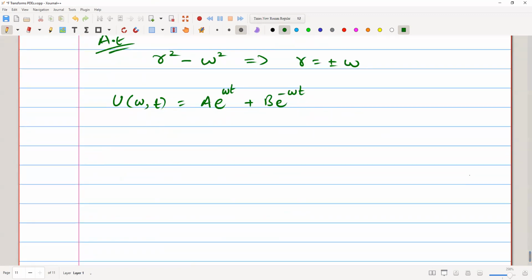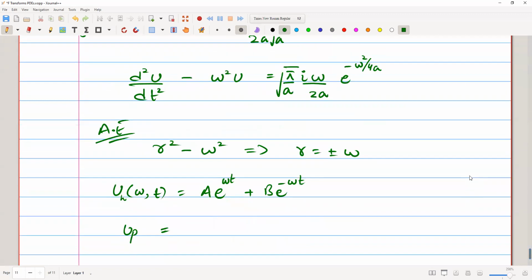And then we have this is the homogeneous part, so we can write that, and for the particular solution, we can see that it's pretty simple. So this omega squared will be shifted to the right side, and we can simply find this by using the method of undetermined coefficients.